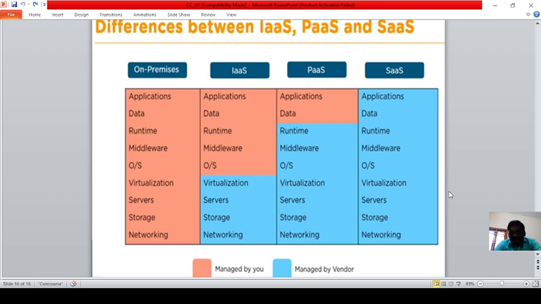In software as a service, everything is maintained by the cloud providers: applications, data, runtime, middleware, operating systems, virtualization, servers, storage, and networking. So based on the type of service needed, we can choose the infrastructure, platform, or software service. That's about the cloud delivery models. Thank you.